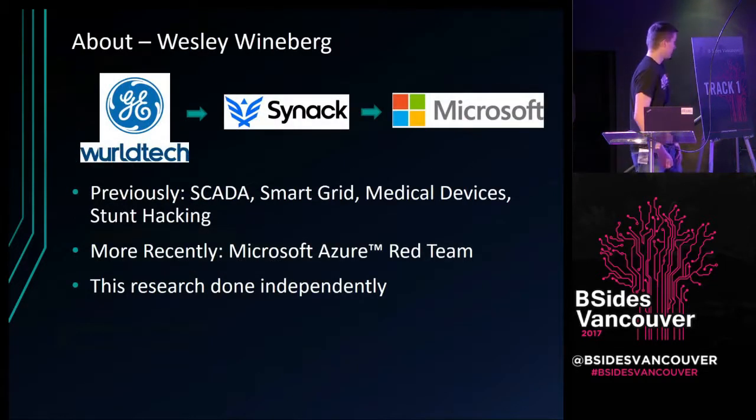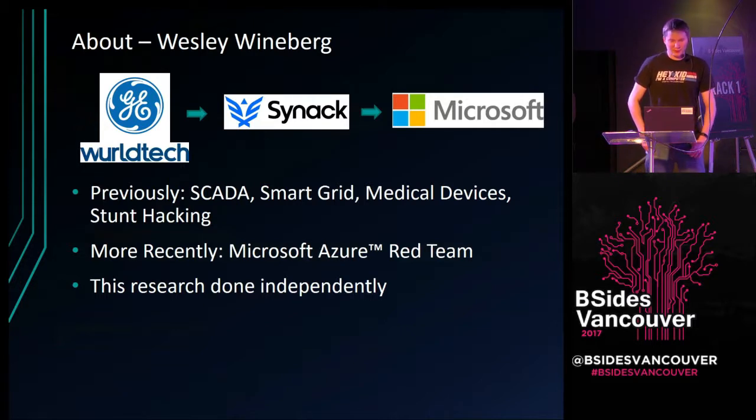So a quick intro to myself. I'm Wesley Wineberg. I used to work for a Vancouver company called WorldTech. They eventually got acquired by GE. I then went to work for a San Francisco company called Synack, and then just in the last year moved south, hopped the wall, and went to work for Microsoft.